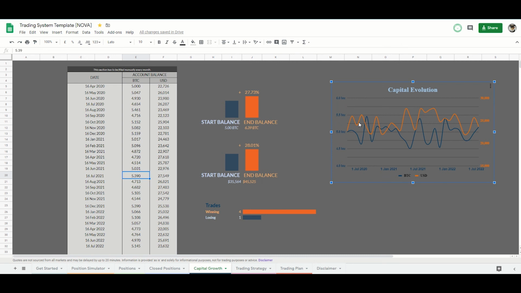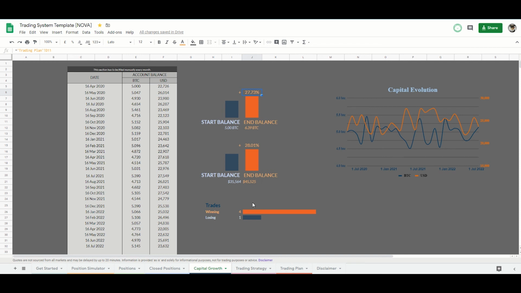The orange line is the USD evolution of your account, and the blue line is the BTC evolution of your account. Then you can see the start balance and the end balance with the percentage profits in BTC and USD. And here you have a little chart to see the winning trades compared to the losing trades.